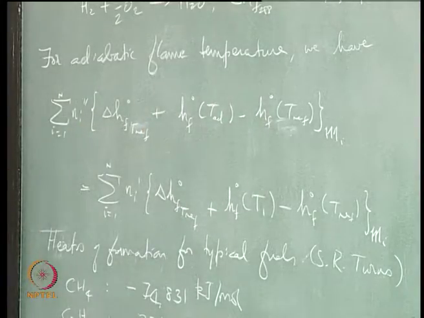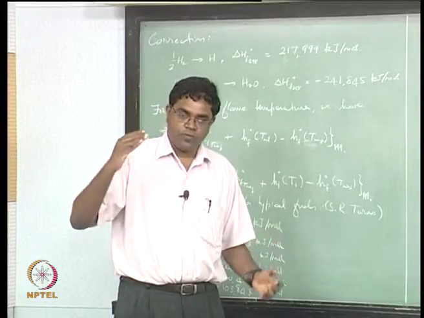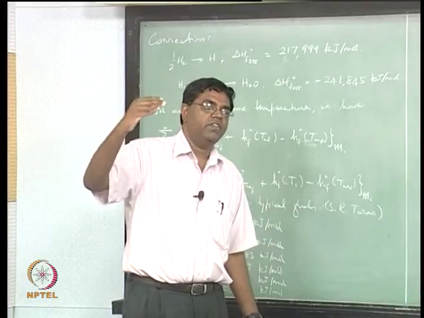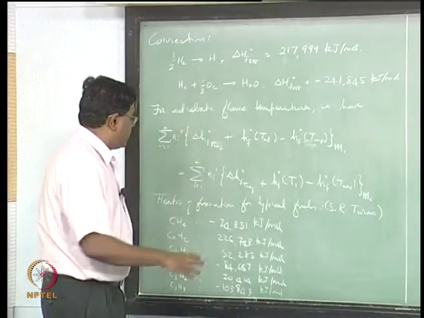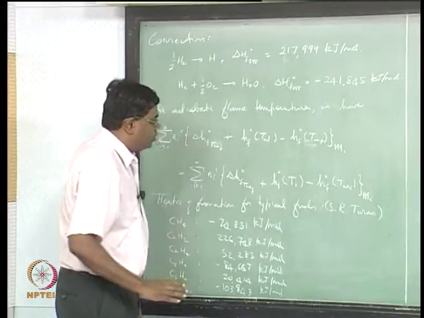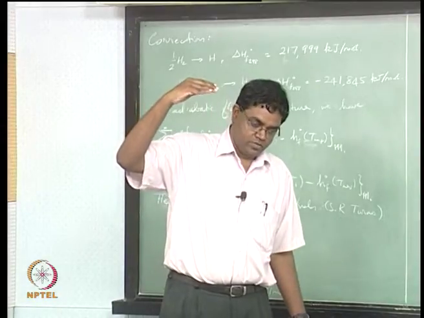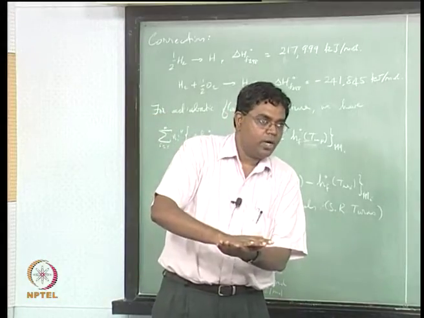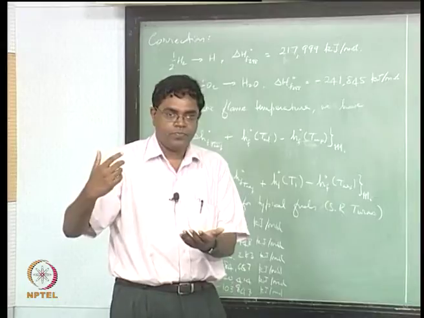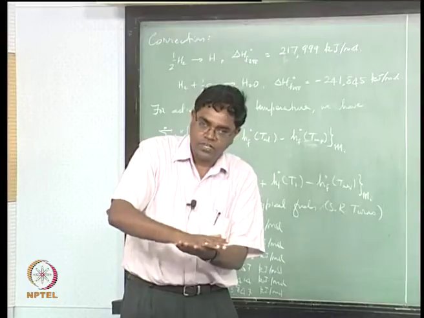So what is essentially going on is you are starting with a set of reactants which are at some temperature and pressure. By virtue of being at some temperature, they have a certain non-zero sensible enthalpy. By looking at this, what we are doing is bringing the reactants from their given initial temperature to the standard condition, by which let us say we take away some heat and cool this, and bring it to the standard state.